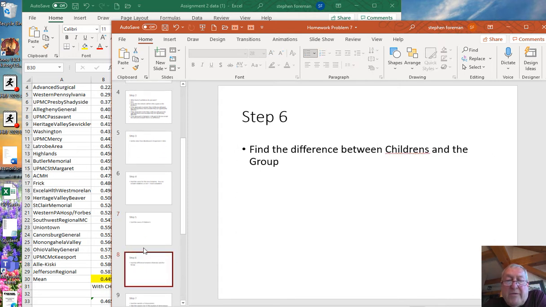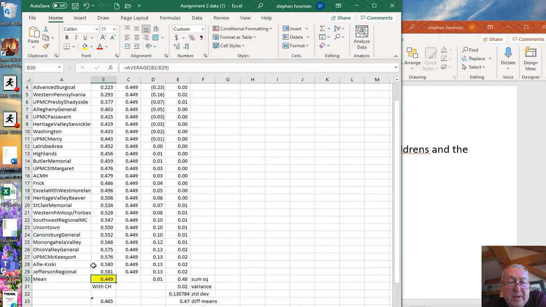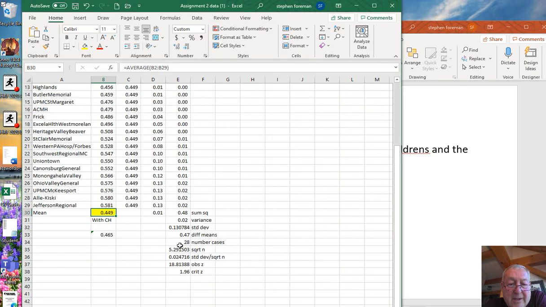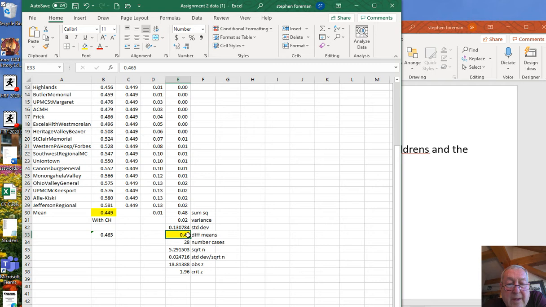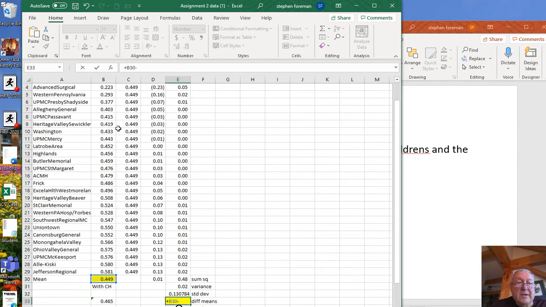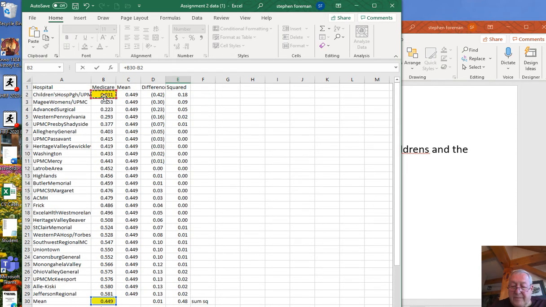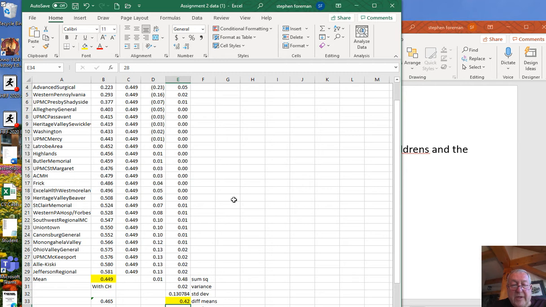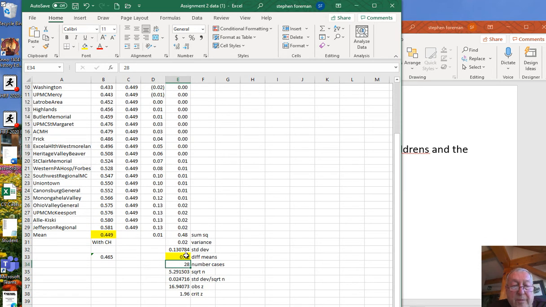In step 6, we find the difference between children's and the group, and that's in this cell right here. So plus group mean minus children's is that difference in means, 0.42.